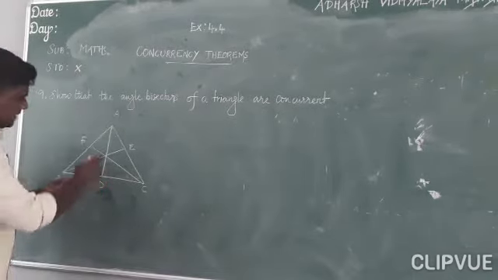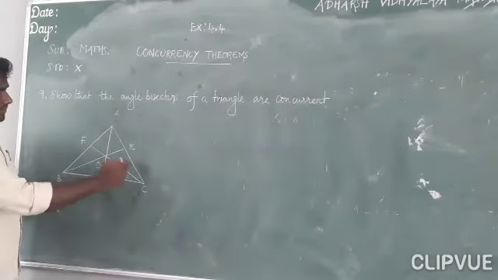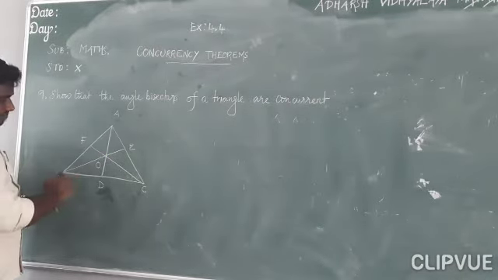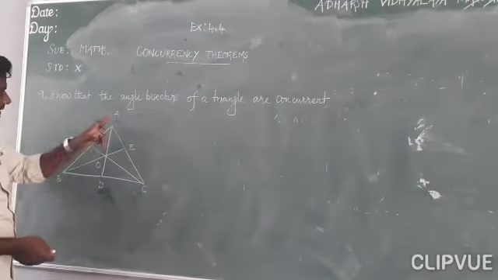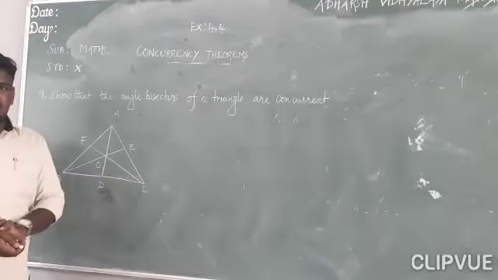Okay, so this is the triangle ABC. Let AD, BE and CF be the bisectors of angles A, B and C respectively.